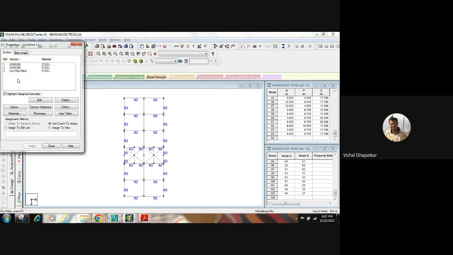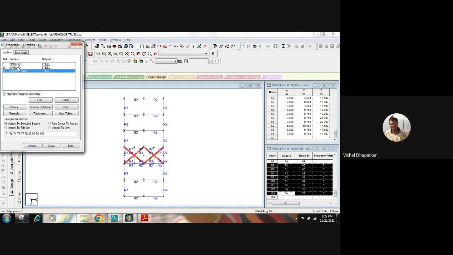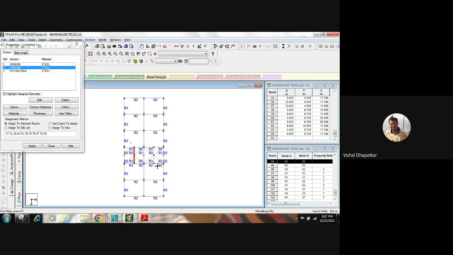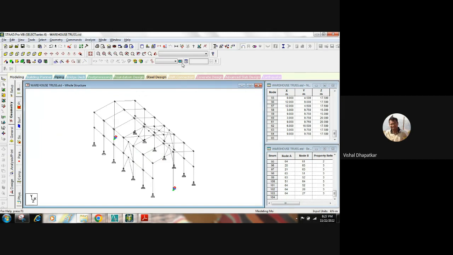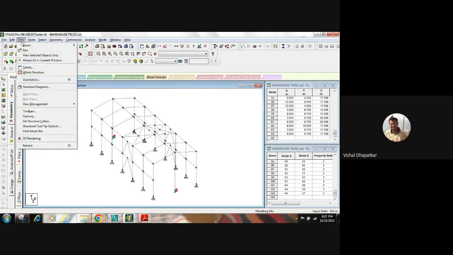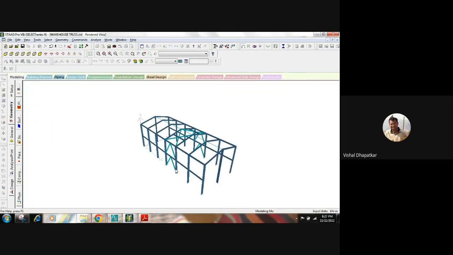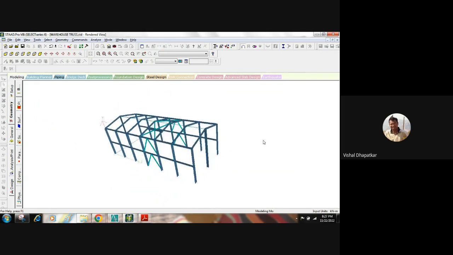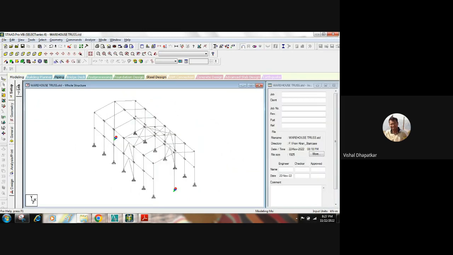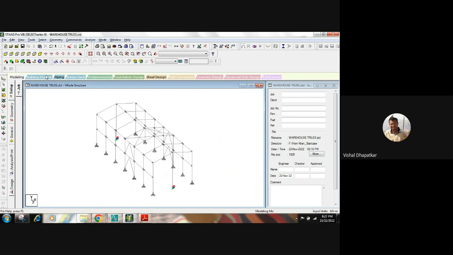I'll just assign some member properties. For the time being, we'll consider this section size. Based on detailed analysis, we can change the section size as required. We have assigned all the section sizes to members. So we'll add the same member size and bracing on this side also.